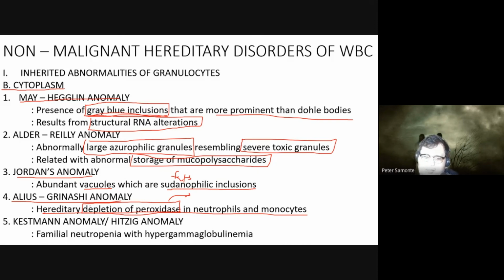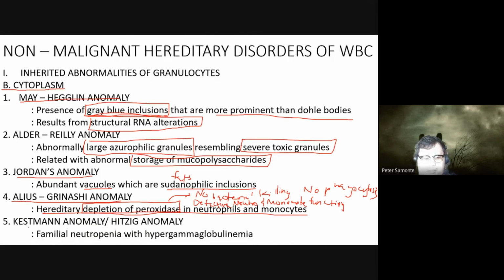So if there is depletion of peroxidase class, there will be no bacterial killing. Kapag walang bacterial killing, no phagocytosis will occur. So basically, class, in your Chediak-Higashi, there is defective neutrophil and monocyte function.